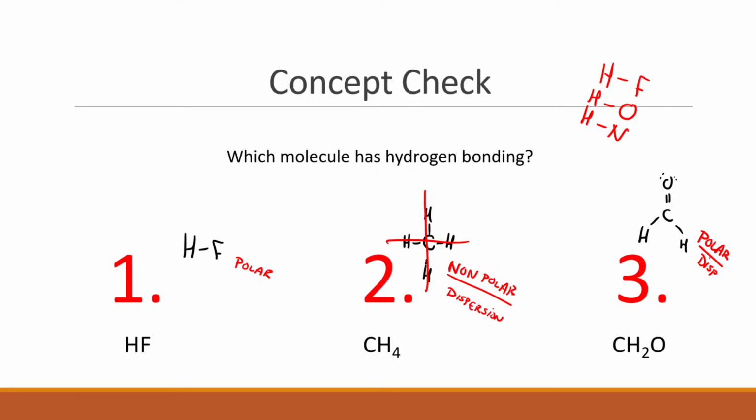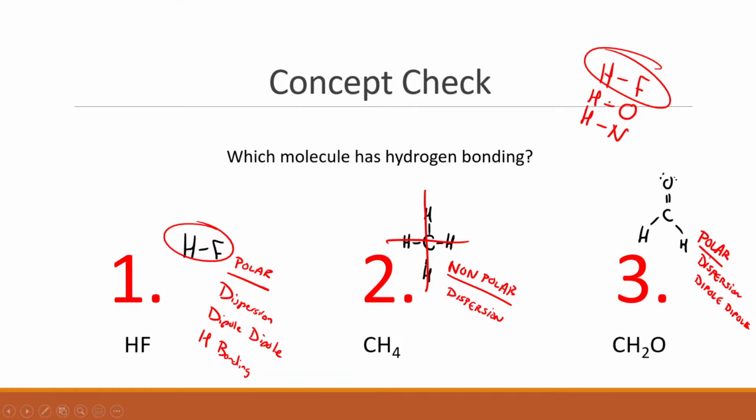It has dispersion and dipole-dipole, while this down here has all three. It has dispersion, it has dipole-dipole, and it has hydrogen bonding. It is H connected to F, so it must be hydrogen bonding as well.